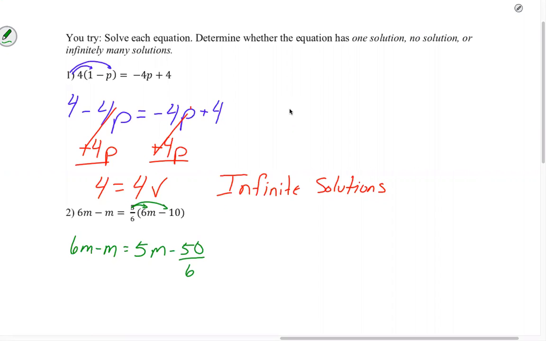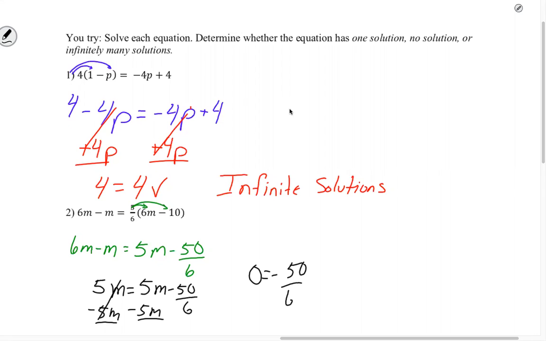It's probably somewhere like 8.3 or something, but doesn't really matter for this. 6m minus m is 5m. And if you don't see it from here that it's going to be no solution, I can subtract 5m from both sides. That cancels to give you 0. And I'm left with negative 50 over 6. 0 does not equal 50 over 6. So this is no solution.